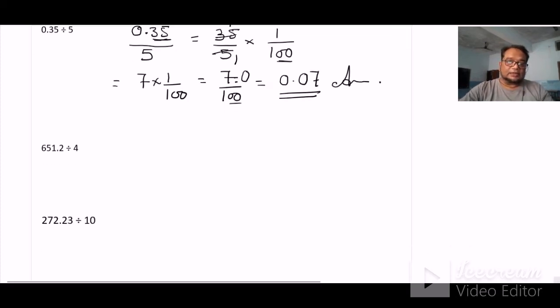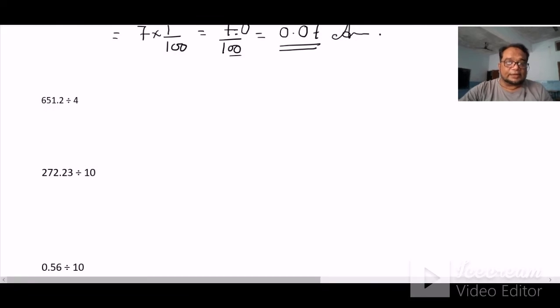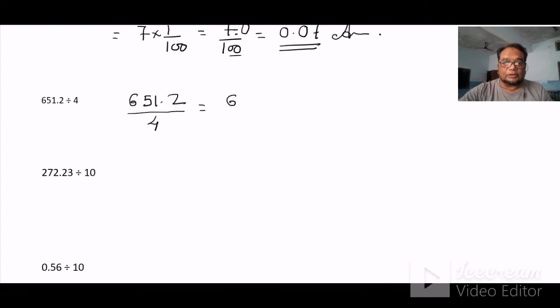Let's take another example. Here is 651.2 divided by 4. So the first step is to remove the decimal. So it becomes 6512 divided by 4, and after the decimal there is 1 digit, so it is multiplied by 10.